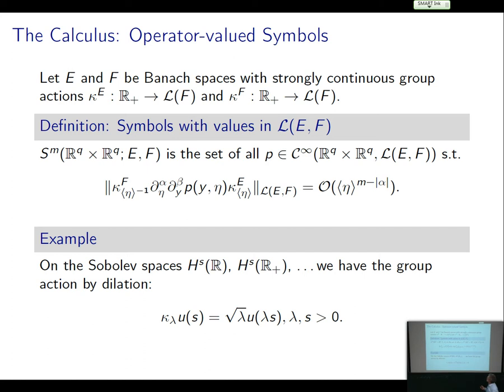The naive approach would say you take your operator, you take your symbol, you take the derivatives, and ask that the norm in L(E,F) of this derivative satisfies the usual Hörmander estimate. But this is not good. This usually leads you into trouble.